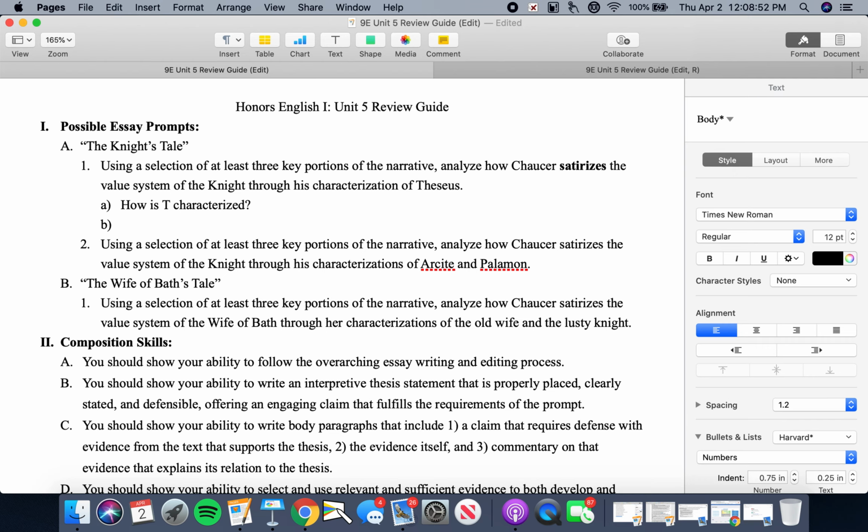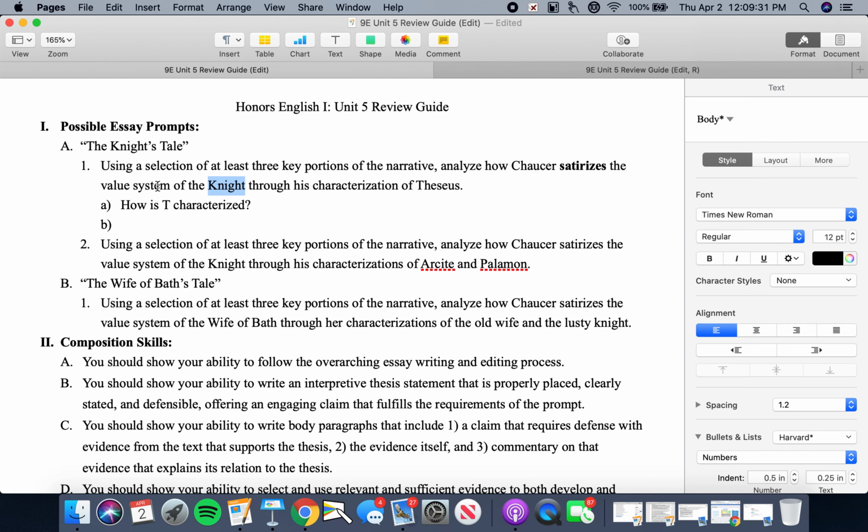Now, the second thing that you need to, the second question that you'll need to answer in your thesis and also tie together in your body paragraphs is how Theseus's characterization is used as a tool to satirize, to both illustrate and to satirize, all right, the value system of the knight. Okay, so how does this entity that was created by this narrator illustrate this narrator's value system? What does he value? What does he believe? All right, what is his worldview?